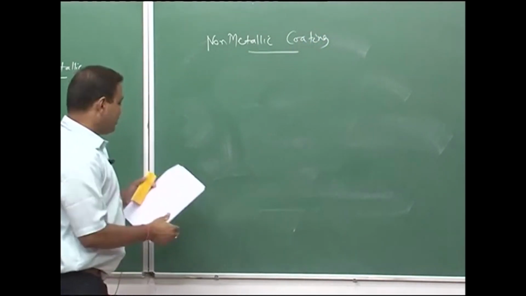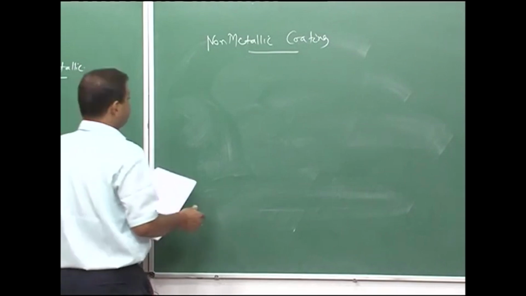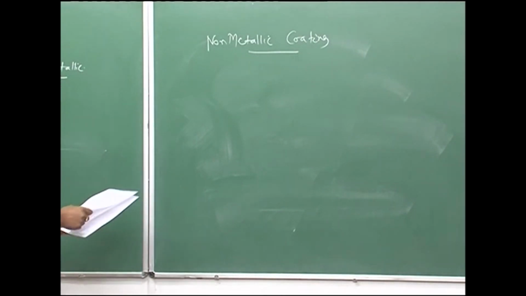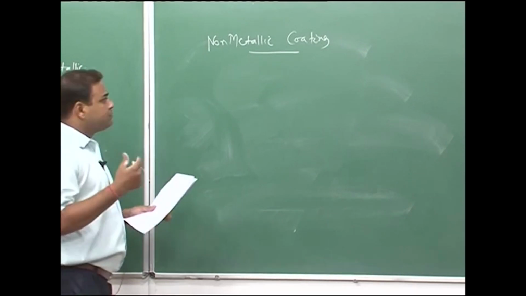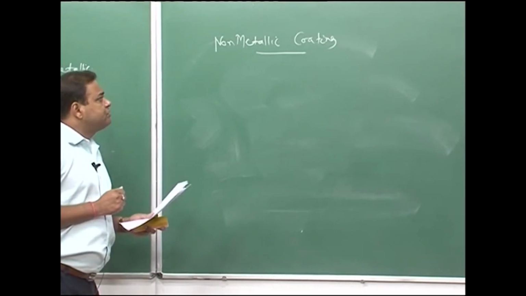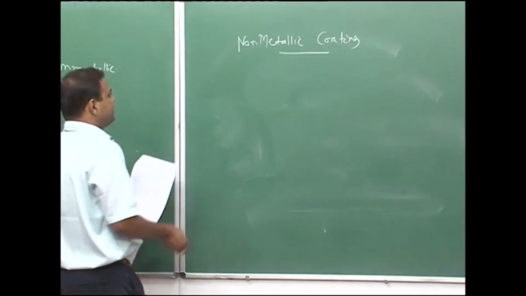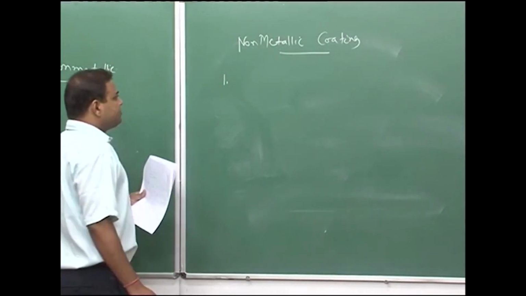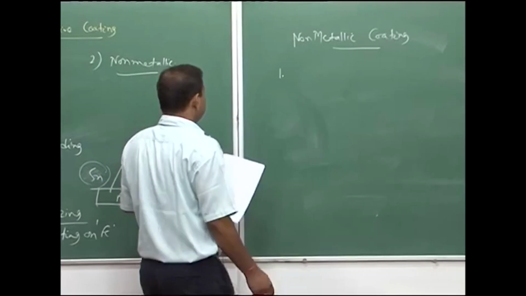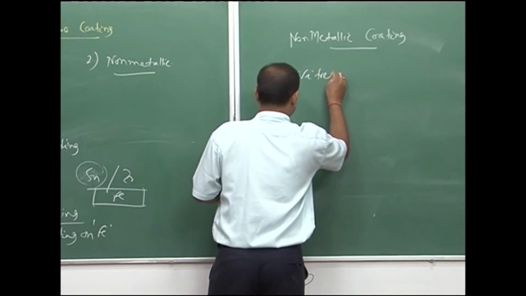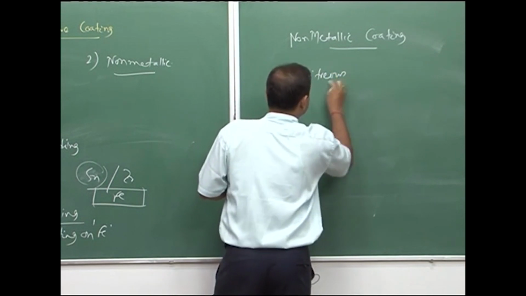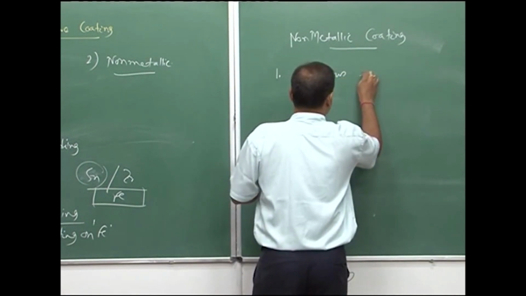in non-metallic coating, one variety is inorganic or organic coating. Organic coatings are generally paints, enamels or varnish, and for inorganic coating, there are various ways we can have it. One is vitreous enamel.